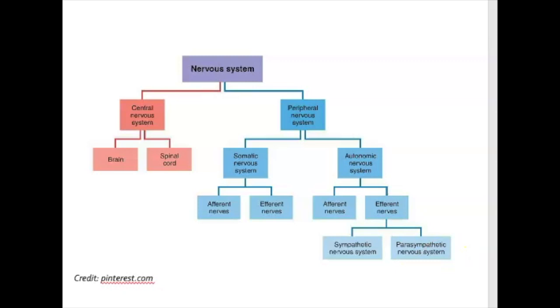So again, you can divide the nervous system and depict the nervous system into several different flowcharts, but the information is the same regardless of what type of chart you construct or what type of chart you look at. The nervous system is very complex, it's highly branched, and those branches are interacting with each other.